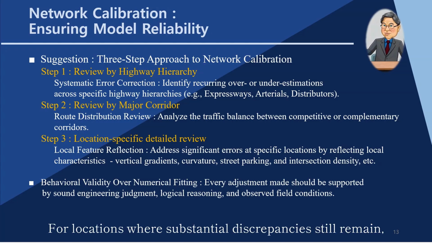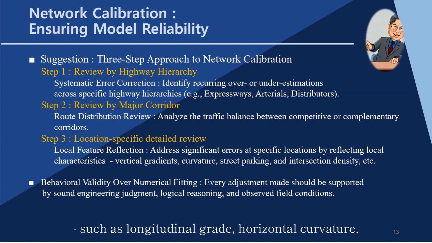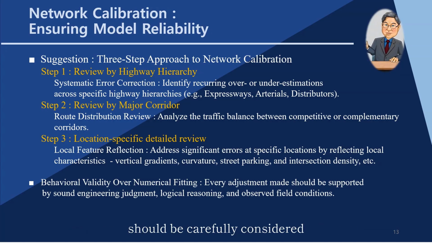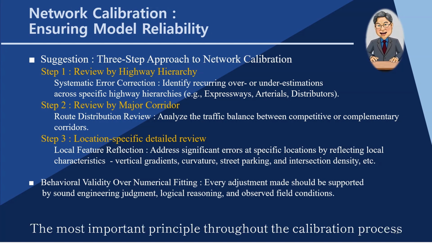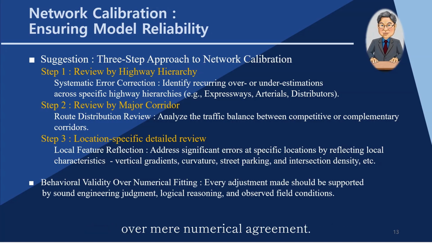For locations where substantial discrepancies still remain, local highway characteristics such as longitudinal grade, horizontal curvature, on-street parking activity, and intersection density should be carefully considered when fine-tuning free flow speed or capacity values. The most important principle throughout the calibration process is that behavioral realism should take precedence over mere numerical agreement.